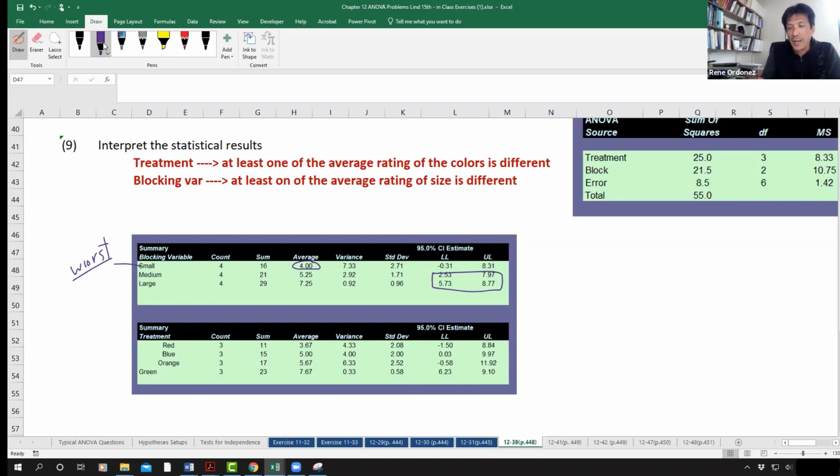So you can do a two sample test and see if these differences are significant. Okay. In terms of the color, the best one would be, let's see, the green. All right.